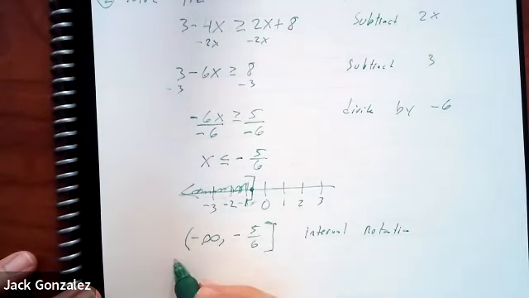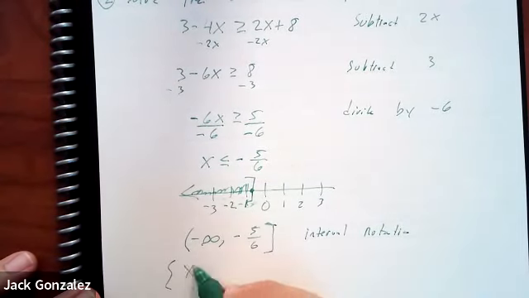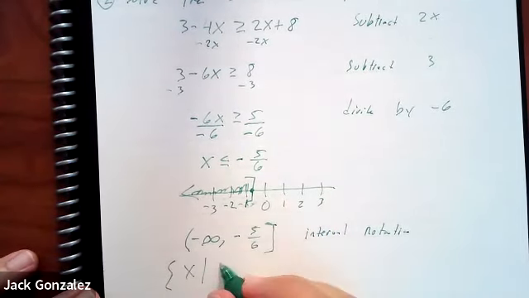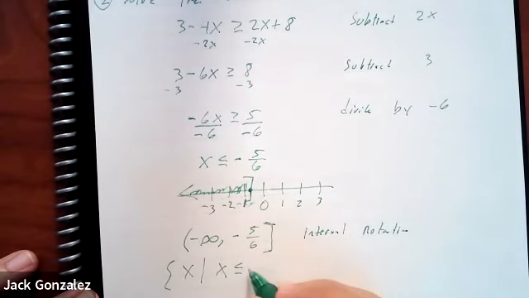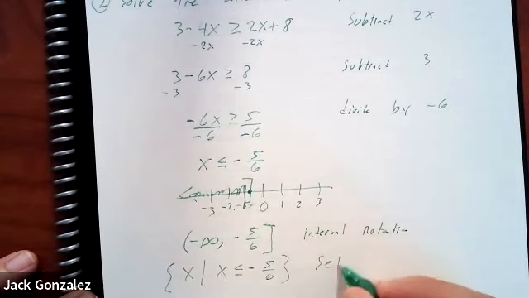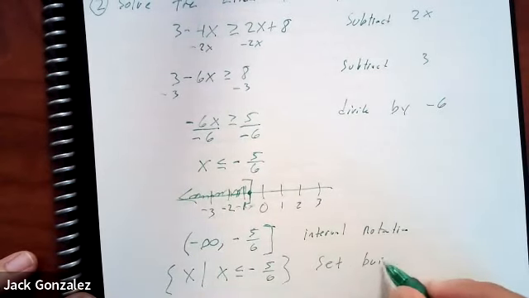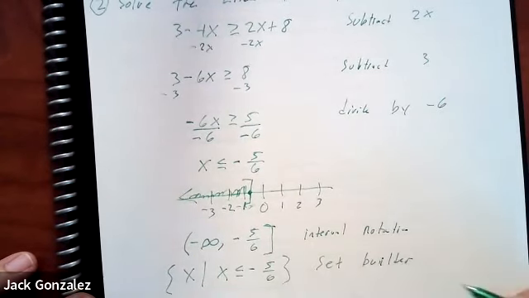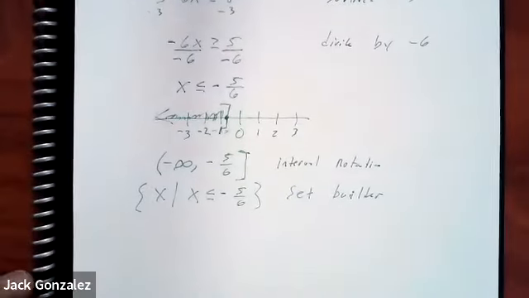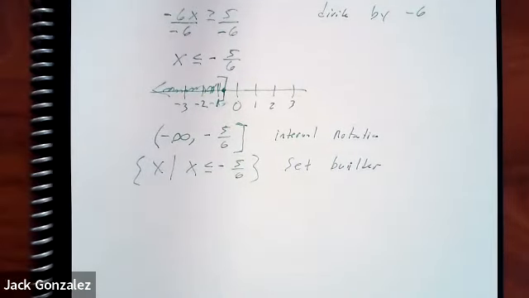Set builder would be x such that x is below or equal to negative 5/6. I don't know which one they're going to use, so I'm going to show you both of them, in case you're reading a random math book when you're bored. You don't know both.